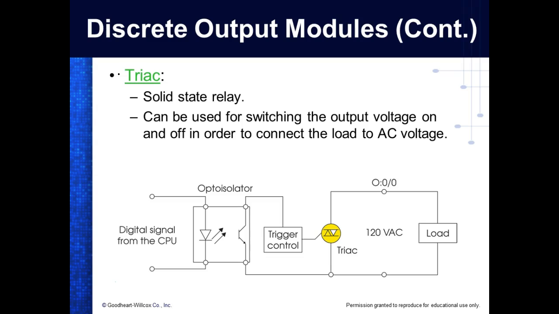So if you've got motion detectors at your house that come on at night, it uses a triac. That's all it is. It's just an AC switch. It's a solid state AC switch. It's not a relay. So we have triac outputs. So an AC output is going to use a triac. A DC output is going to use a transistor, and we'll talk about that later.